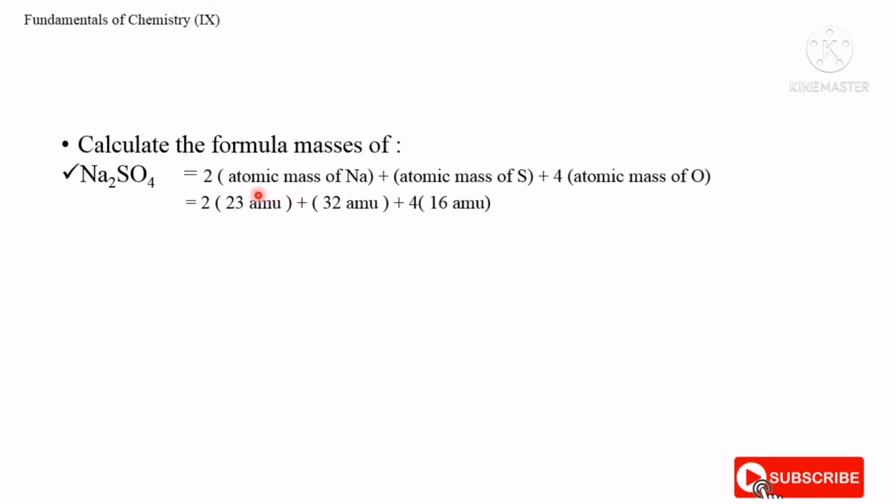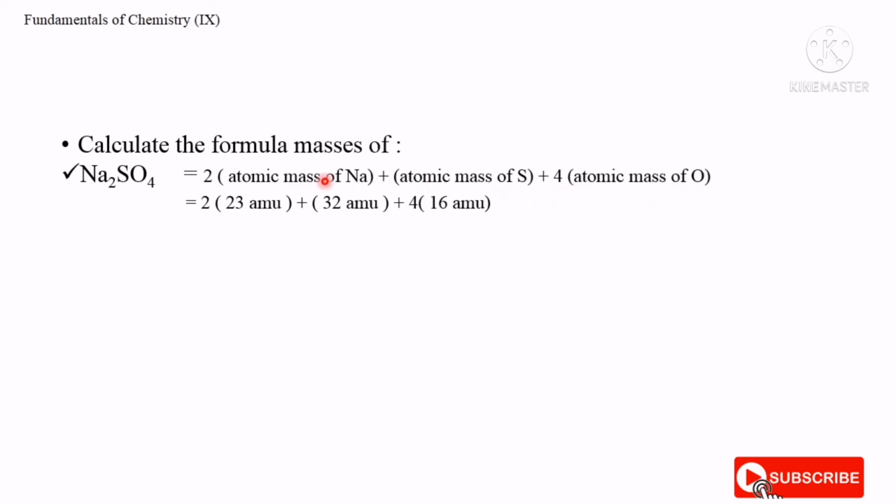So the atomic mass of sodium is multiplied by its number of atoms, that is 2 multiplied by the atomic mass of sodium. There is 1 atom of sulfur, so 1 is multiplied by the atomic mass of sulfur. In the same way, there are 4 atoms of oxygen, hence the atomic mass of oxygen is multiplied by 4.